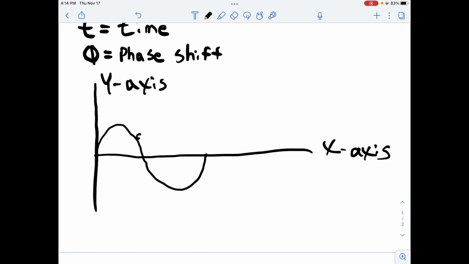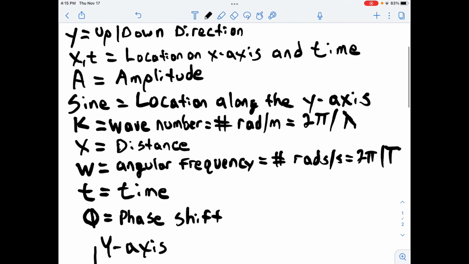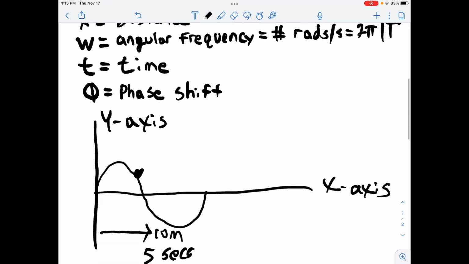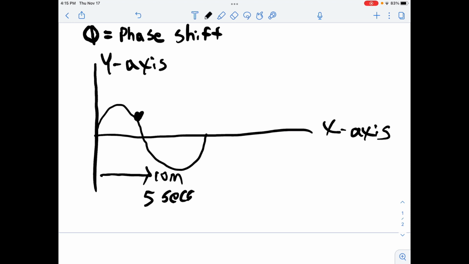If you have a buoy here, rubber ducky, whatever, going in this direction at a particular distance, say 10 meters, at a particular time, say 5 seconds, and you have all this other information that's listed, you can find out exactly where along this wave that particular object is. That's the purpose of this equation.